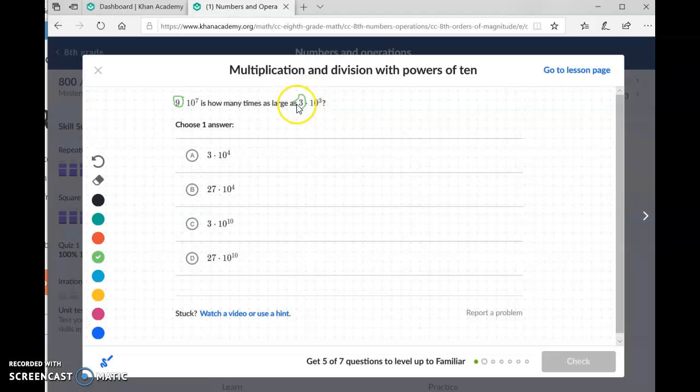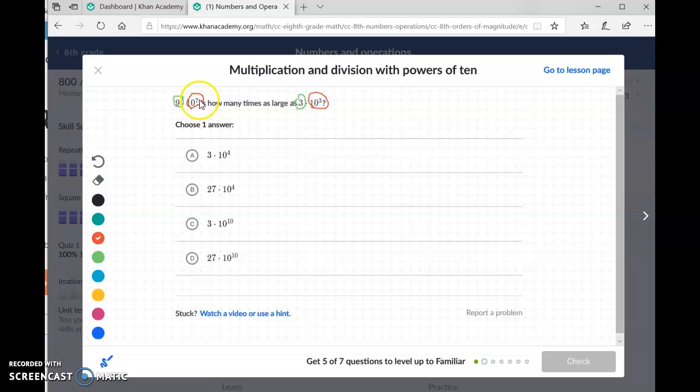I know that 9 is 3 times bigger than 3. So my answer is going to be either A or C, because 9 is definitely 3 times bigger. Now I'm going to look at my numbers with exponents.